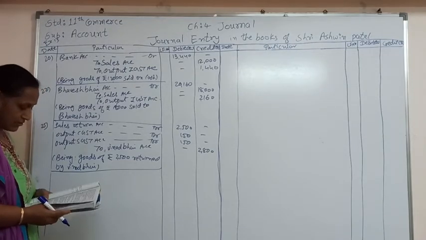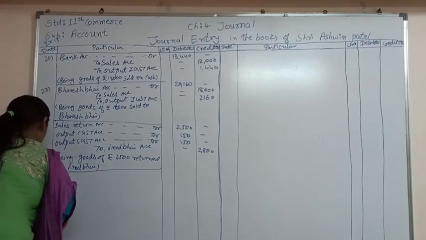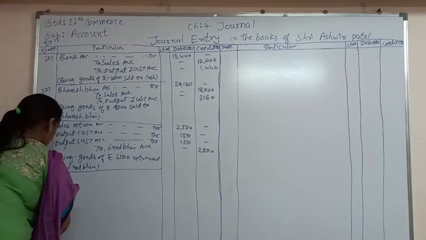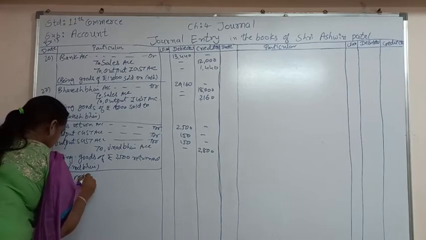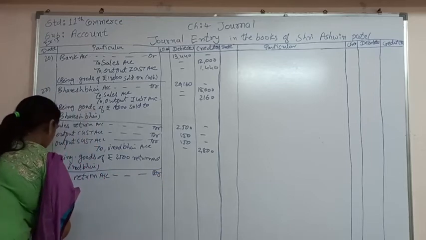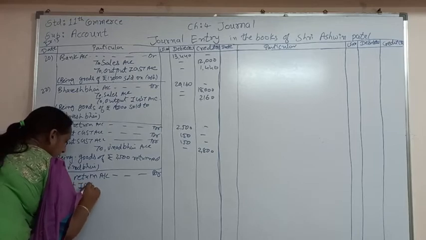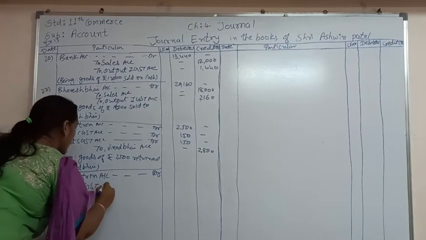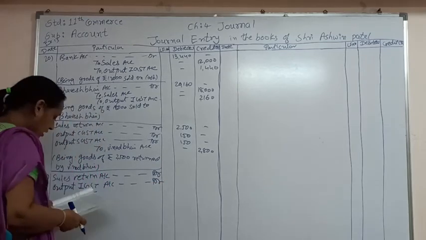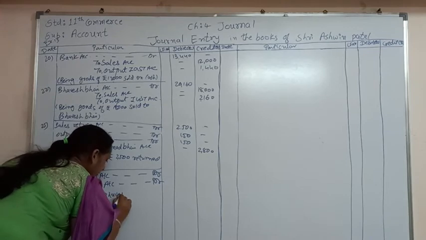Goods of rupees 3,000 returned by Bhavesh Bhai of Bhopal. So it is again a sales return. So sales return account debit, output IGST account debit. Here IGST because it is outside Gujarat. So output IGST account debit, to, here who has returned the goods? Bhavesh Bhai. So Bhavesh Bhai account credit.